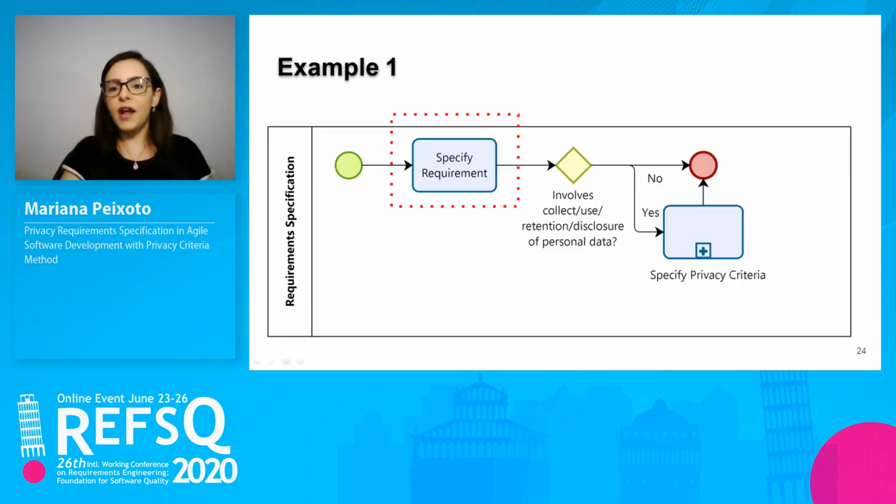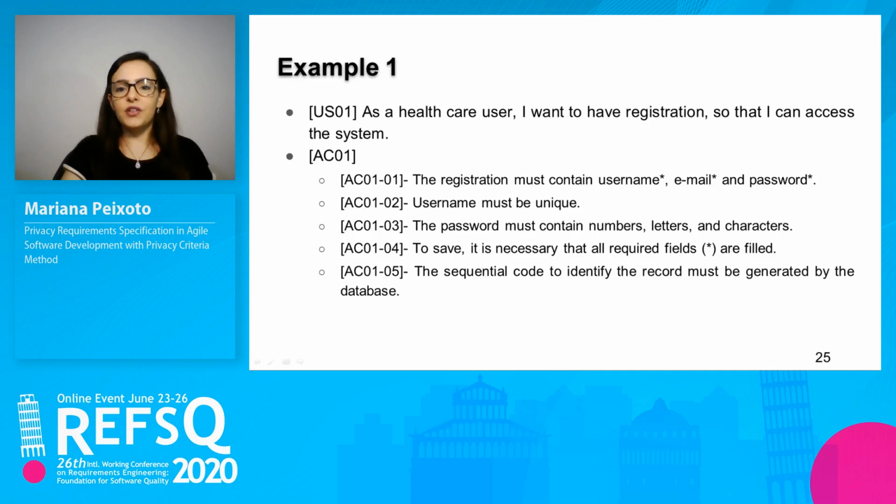We should start with the requirement specification. We start with the common specification of the company. Here, the user story: I want to have a registration so that I can access the system. And we complete here with some acceptance criteria.